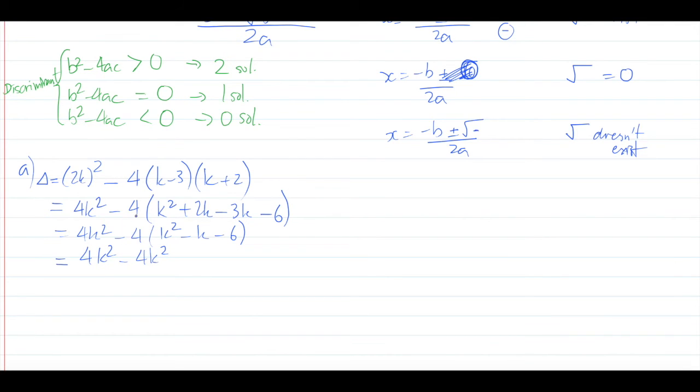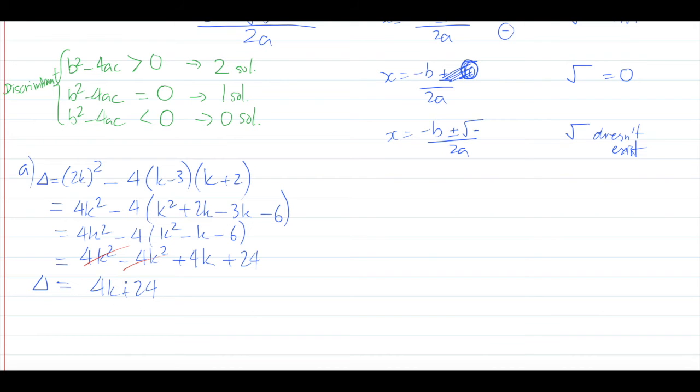So multiply the negative 4 inside, and then you keep multiplying it. Negative 4 times negative k gets you plus 4k. Same thing over here, you get plus 24. And this question makes life a little bit easy because your quadratic has simplified, and you're left with just 4k plus 24, which is our discriminant.